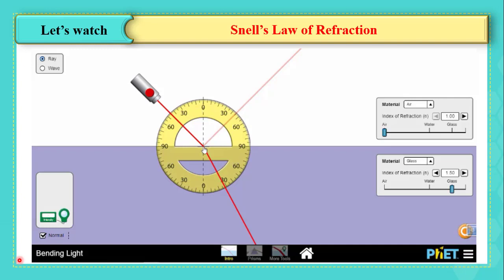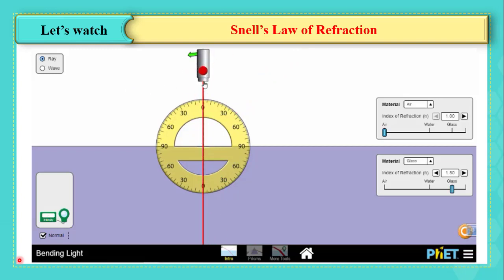We will use the protractor to record some angles. When the angle of incidence is 0 degrees, the angle of refraction is 0 degrees. For I1 equal to 20 degrees, I2 is equal to approximately 14 degrees.